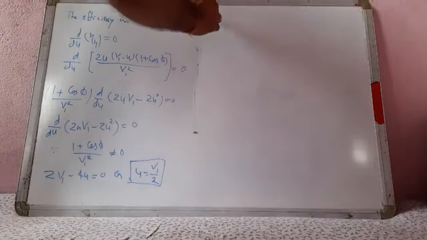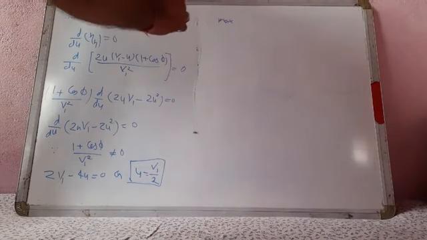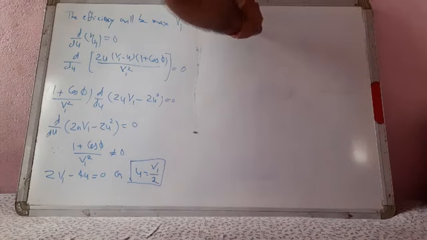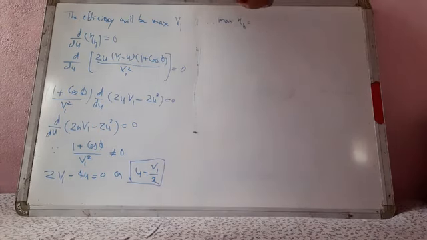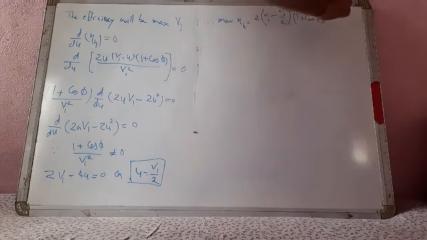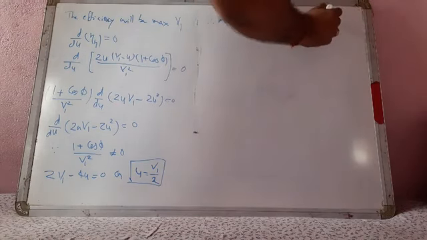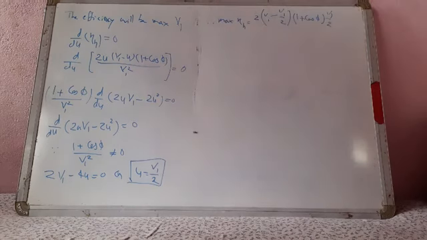So maximum eta hydraulic is equal to 2 (V1 minus V1 by 2), putting the value of u, into (1 plus cos phi) V1 by 2, divided by V1 square.